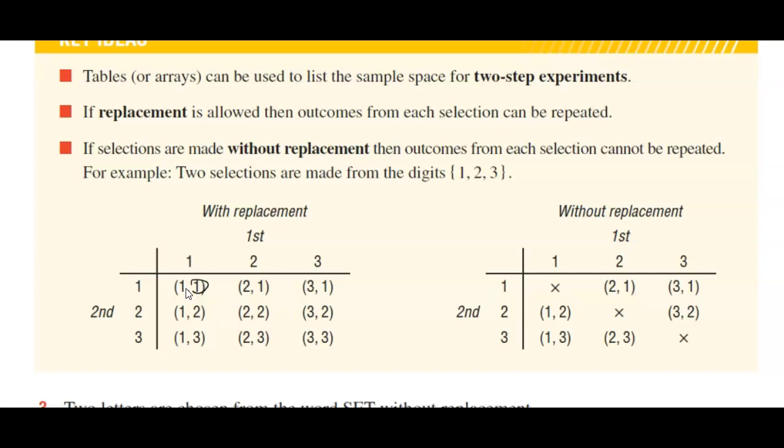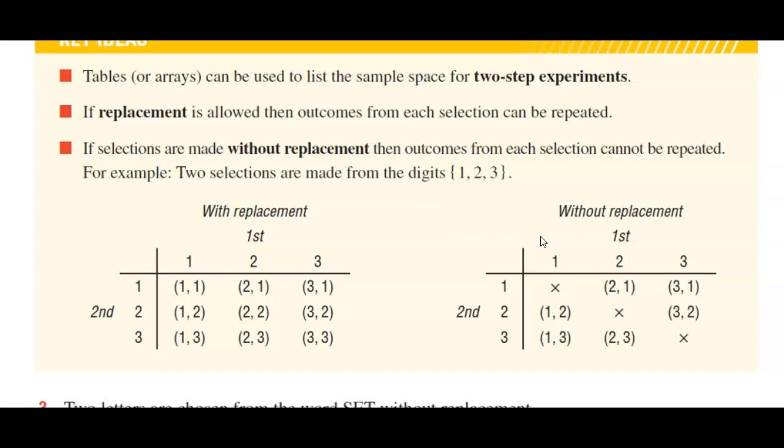So here we've got the 1, the 1, the 1, the 2, 2, 2, 3, 3, 3. So you're basically just reading it columns and then rows. Now, that is with replacement. So we can select the number 1 twice, the number 2 twice, and the number 3 twice.